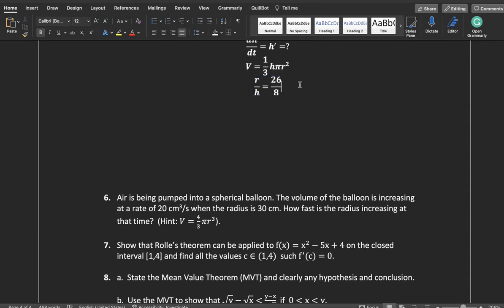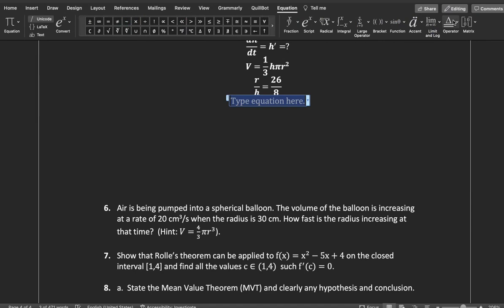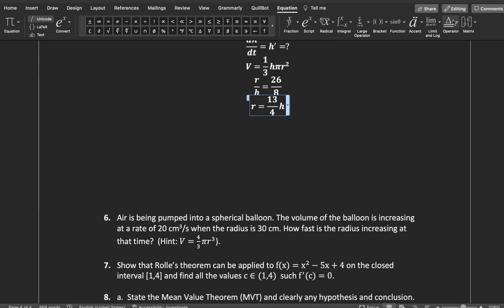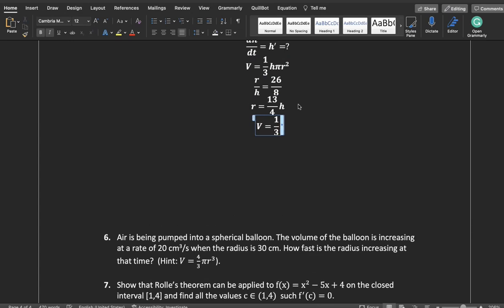So what does this mean? Knowing this rule from similar triangles, R is equal to 26 over 8, which simplifies to 13 over 4 multiplied by H. That's a good development because we can substitute it back into our equation for the volume, which becomes 1 over 3 multiplied by H multiplied by pi multiplied by r squared, which is 13 over 4 times h, squared.